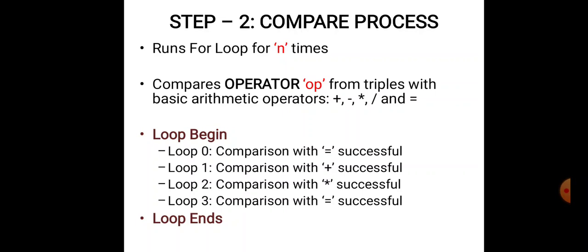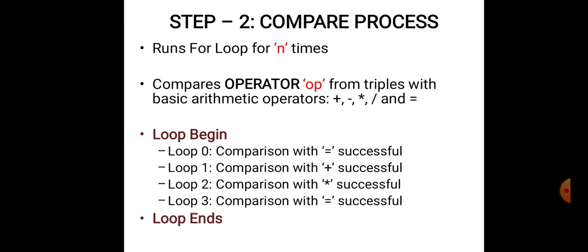So this for loop does a pretty simple thing: it compares the operator of the sub expression, from the quadruples we have entered just now, with the basic arithmetic operators, say plus, minus, star, division and equal to.